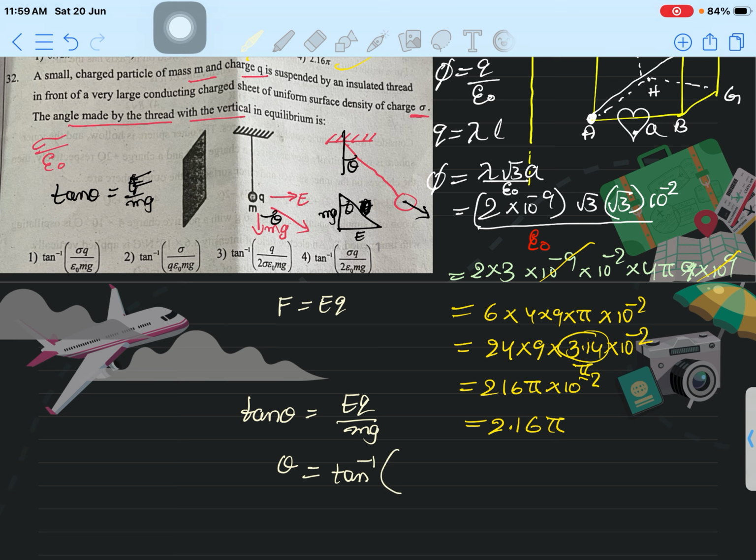What is E, sir? E is the electric field due to the large conducting sheet, which we discussed just now, sigma by epsilon naught. So sigma by epsilon naught into q by mg. So which option, sir? I think first one, sigma q by epsilon naught mg. Okay, first option is the answer, sir.